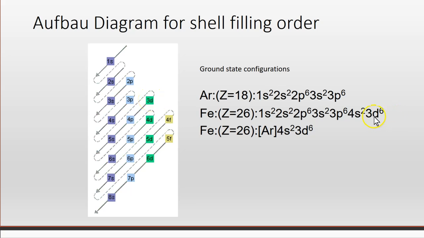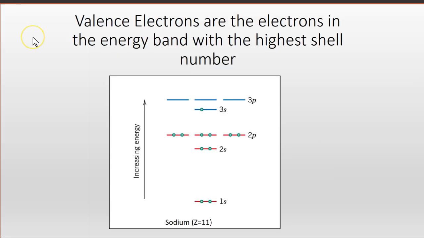The 3d only has the remaining 6 electrons. Remember, a fully filled D shell can accommodate 10 electrons, so we see that the 3d shell is only partially filled. We can more easily rewrite this configuration using a noble gas as a root here, and then just adding on the additional electrons and their configuration.